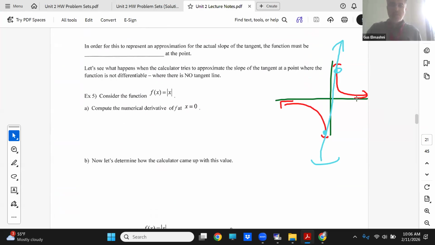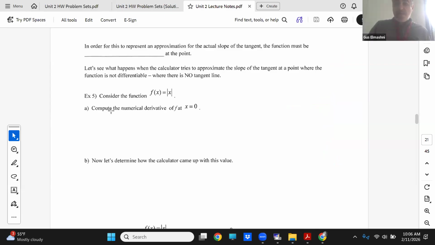Okay, it's going to tell us more lies also. Right, but in order for us to represent an approximation to the actual slope, this function must be differentiable at that point. So absolute value of x, right? I know what's going to happen.